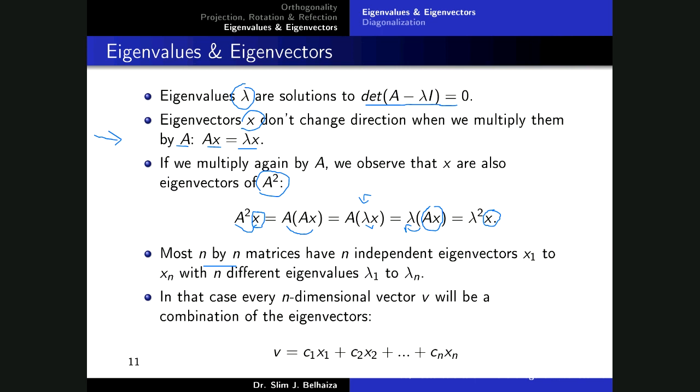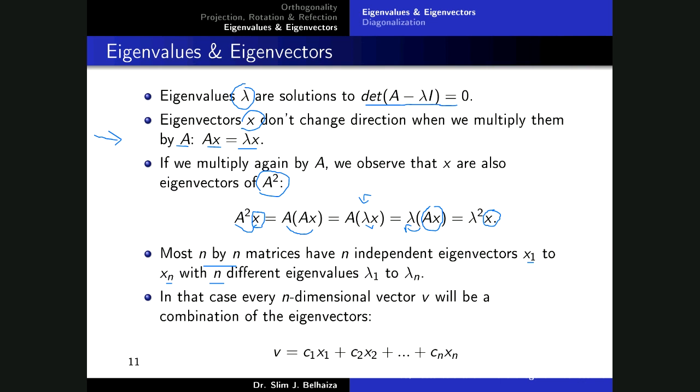And x1 to xn, just to notice the fact that most of the time they are independent, with possibly n different eigenvalues. So to every lambda corresponds an x. For every eigenvalue corresponds an eigenvector.